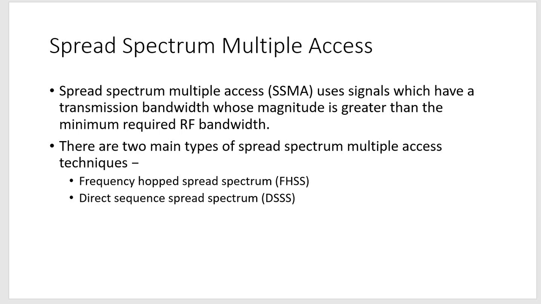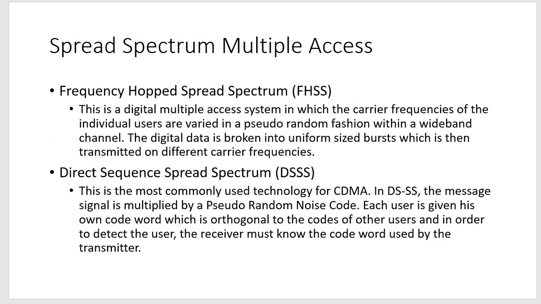So for achieving this, we need two types of technique: number one is frequency hopping spread spectrum, and number two is direct sequence spread spectrum.